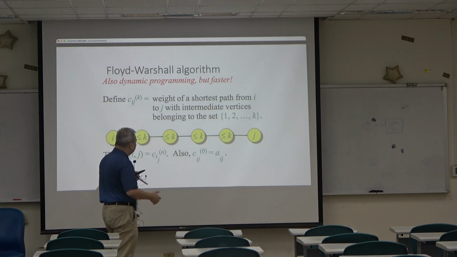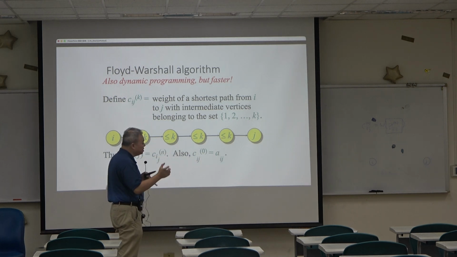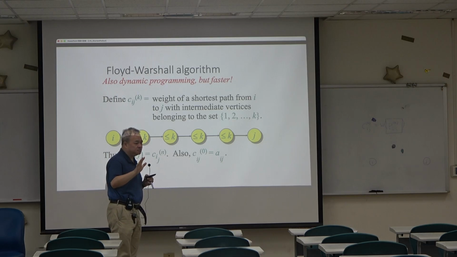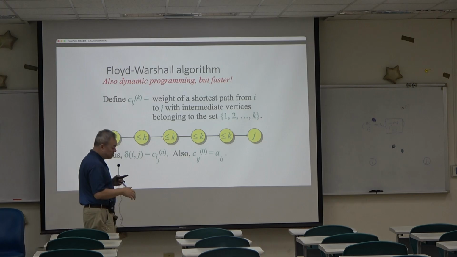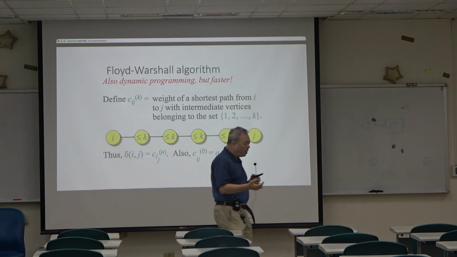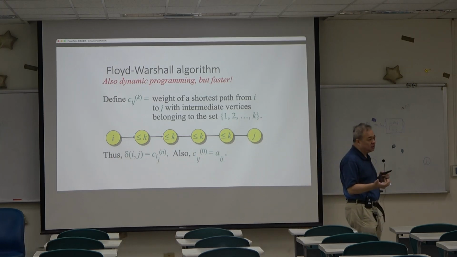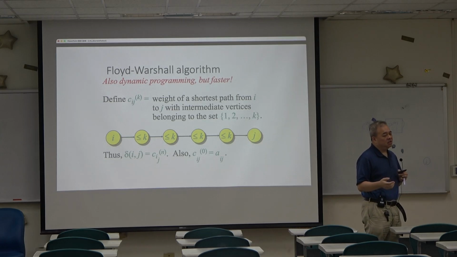So first, you need to understand the definition of Cijk. And then, when will this constraint be released completely? It will be when k is greater or equal to n, right?